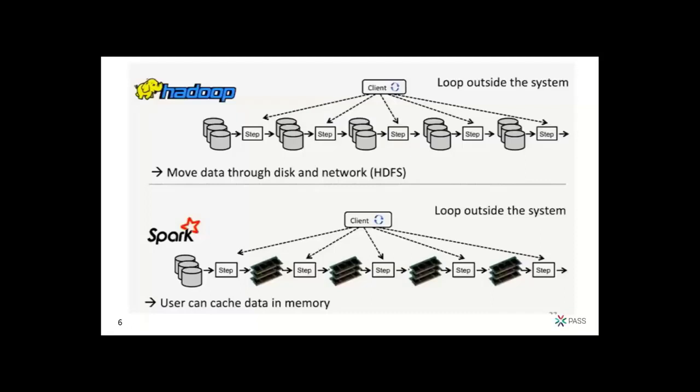It uses a resilient distributed dataset, or RDD, which is a directed acyclic graph, to complete this job. So at a very high level, these are the two different engineering ways these two systems operate.